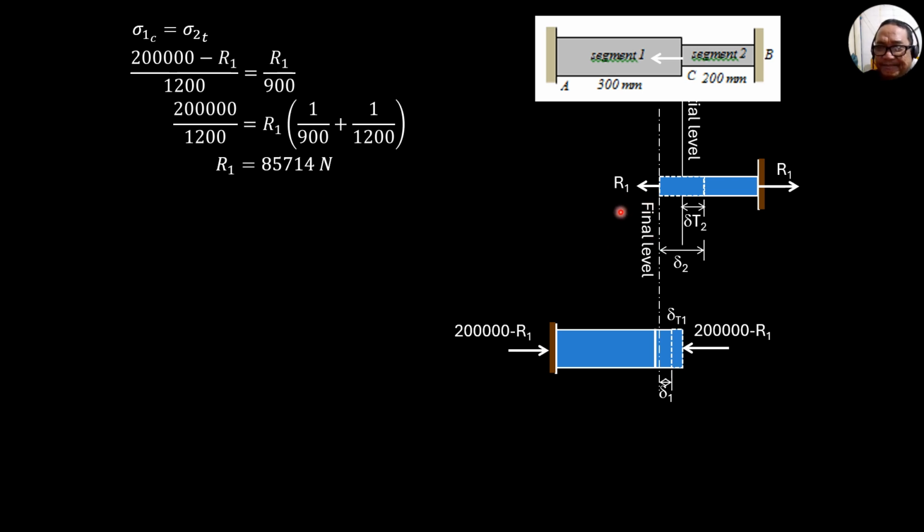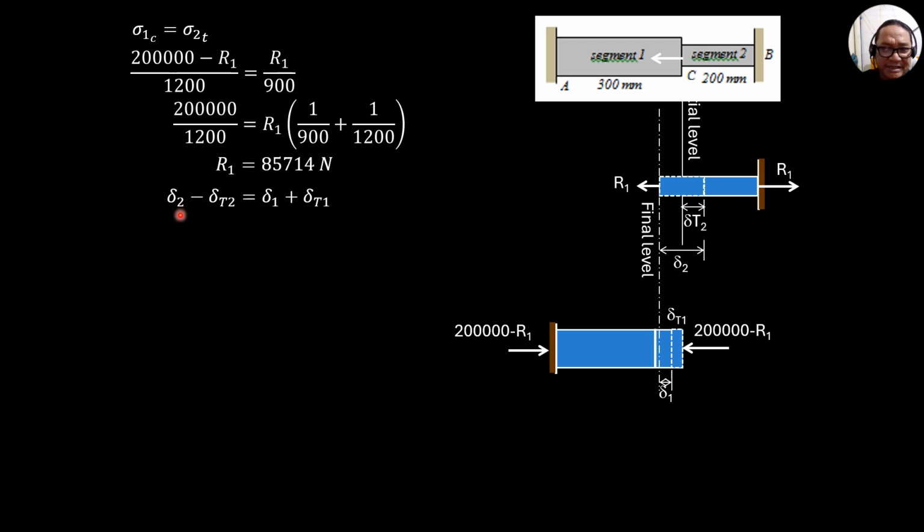Having known that, we can now set up this equation that delta 2 minus delta T2 equals delta 1 plus delta T1.